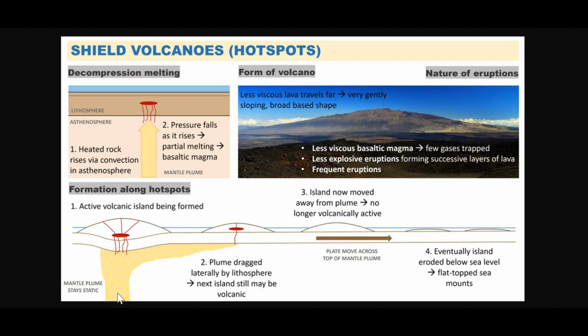Now, a hotspot is like a mantle plume, so it's like an area of convection where the heated rock in the asthenosphere is rising up, but just in this one spot.